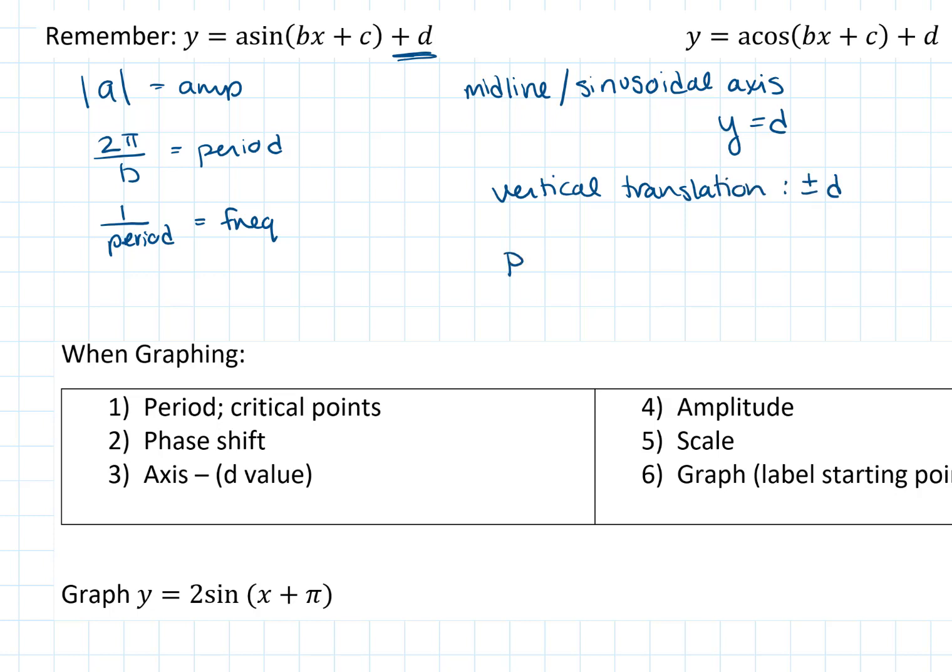And then we also are introducing a phase shift, and that is our horizontal translation. And we find that by taking what's inside the parentheses, setting it equal to 0, and solving for x.